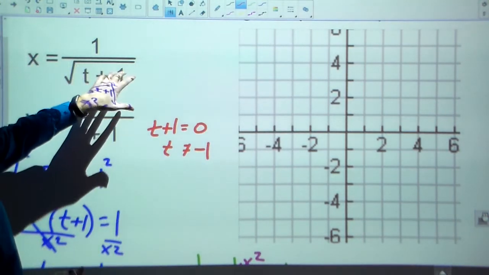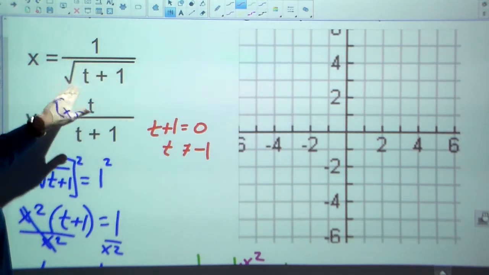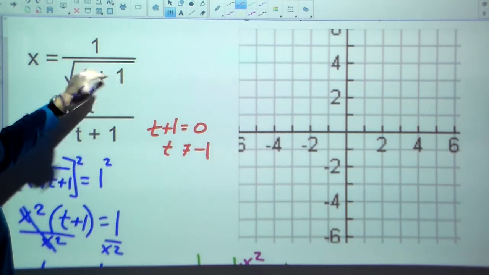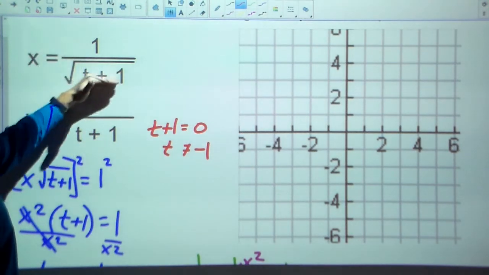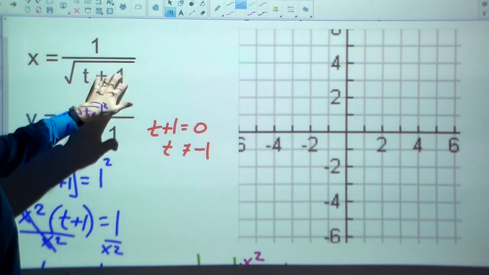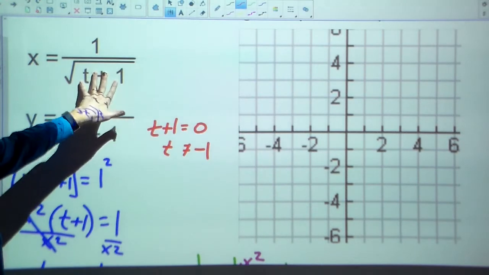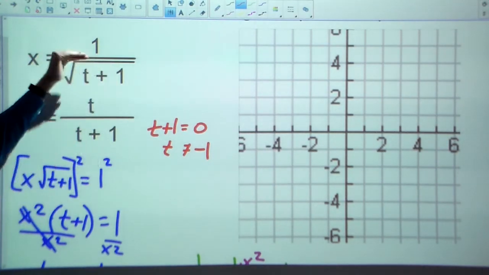All right, here, I saved this one because it's a little more complicated. The square root of t plus 1 is in the denominator. So this whole thing can't be 0. And whatever's under here has to be positive. Now, square root alone, you can take the square root of 0, but we can't have 0 in the denominator.